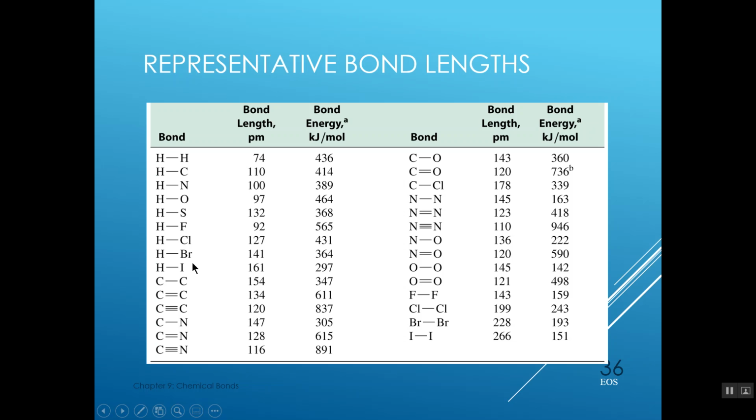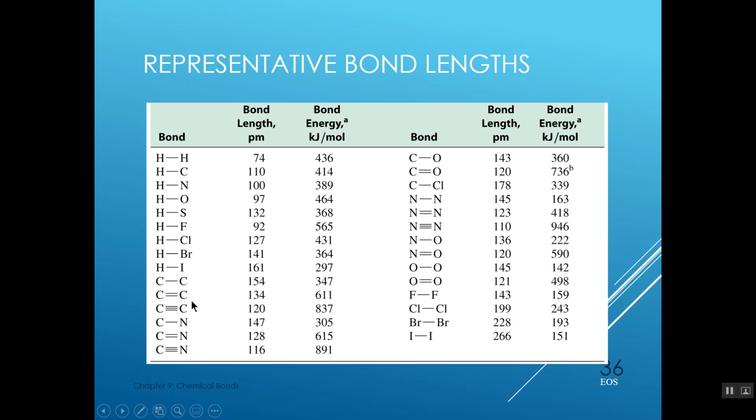All right? As we said in the previous slide, the bond length also is affected by the multiplicity of the bond, or the bond order. So if you look at, for example, this series of carbon to carbon bonds, single, double, triple, you'll notice that there's a decrease in the bond length.